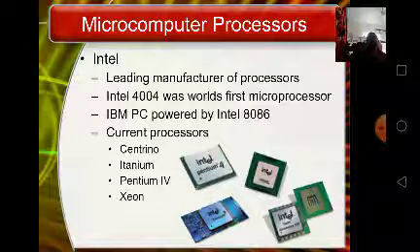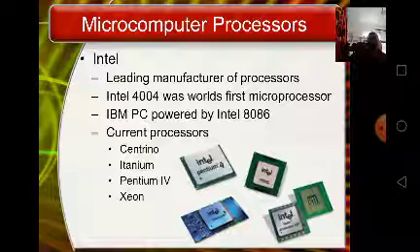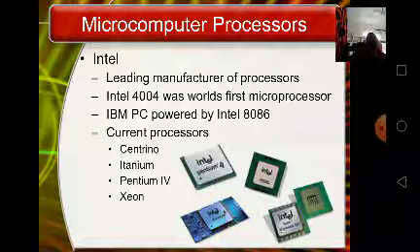Next we discuss Intel processors. Intel is historically the leading provider of chips for PCs. In 1971, Intel invented the microprocessor, the so-called computer on a chip, with the 4004 model.